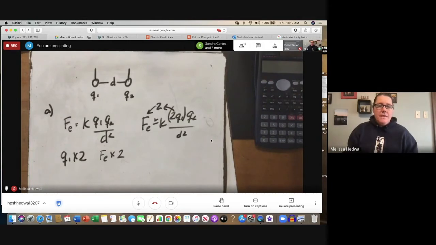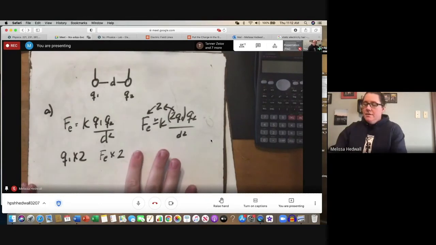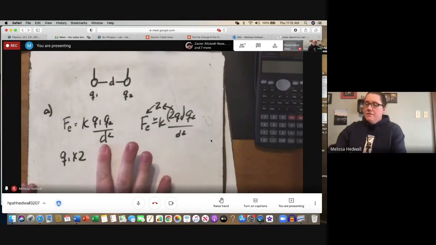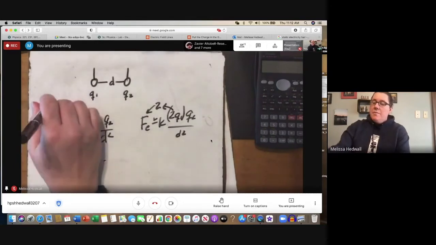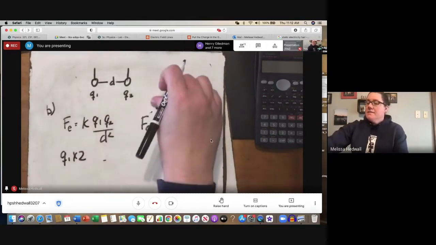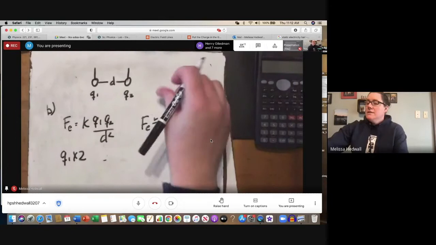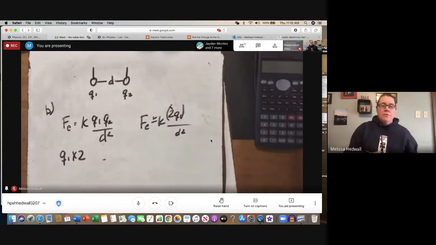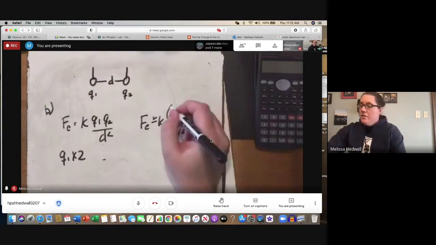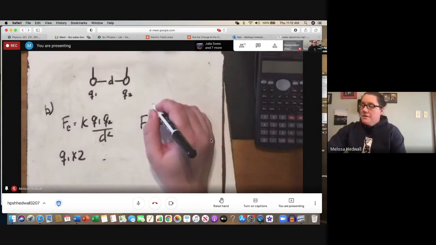And we'll look at B. This should look a little bit familiar because it's stuff that we have done before, just using different equations. B asks, if you double both charges, what happens to the force? We know that this one pulls out and gives us 2.